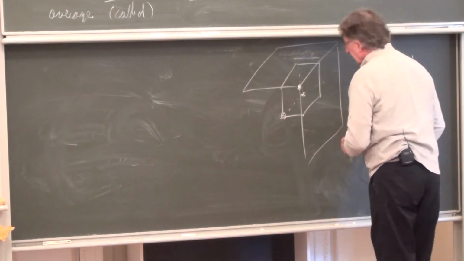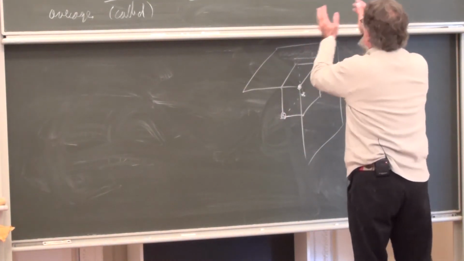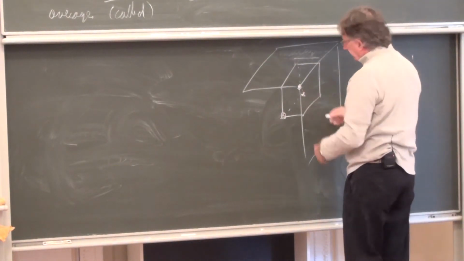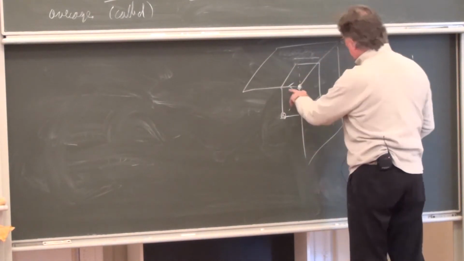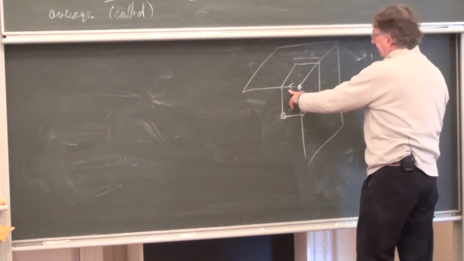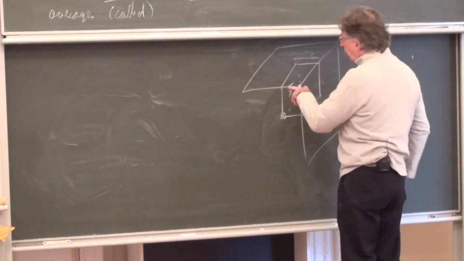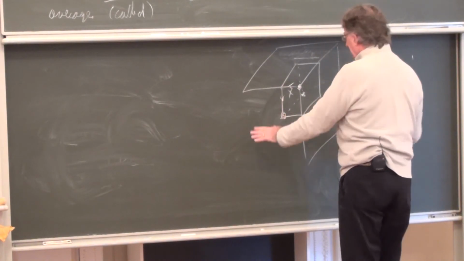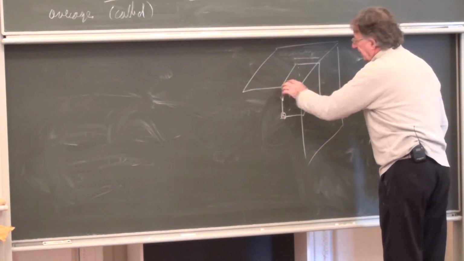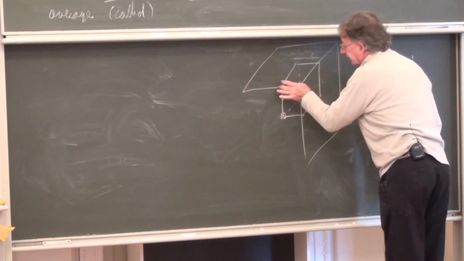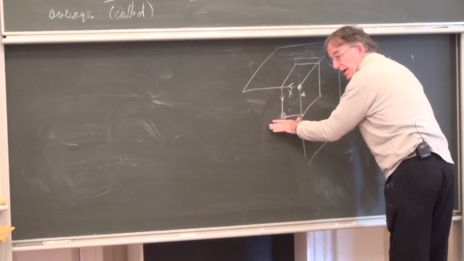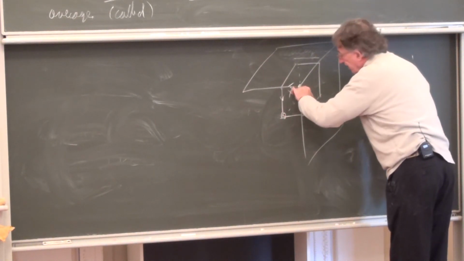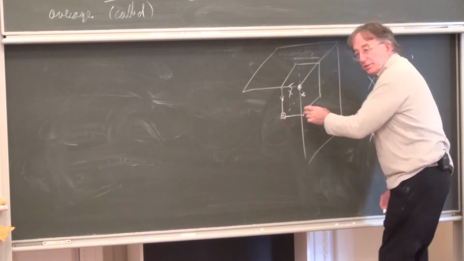And now, if I want to go A less than B, B less than C, and I'm going to get AC, I'm going to have to do something like this edge. If x were 1 on this and 0 on the rest, and then y were 1 on this and 0 on the rest, then x times y would be vertex, edge, edge, face. So the product would be vertex, face, which would be this thing. So the product of this with this is the face.